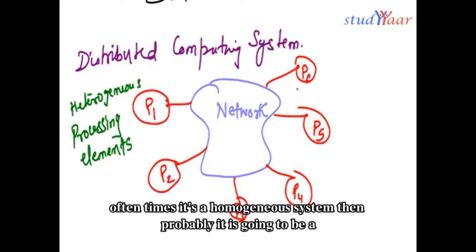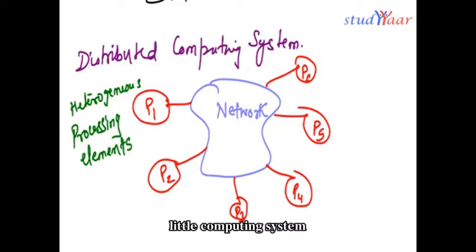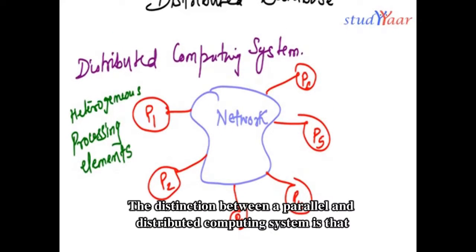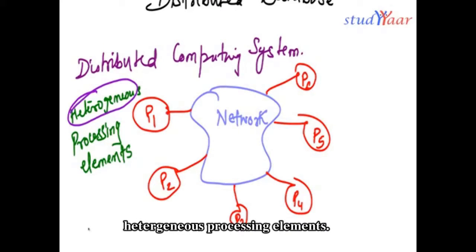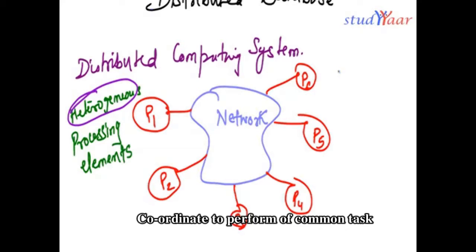Oftentimes if it is a homogeneous system, then it is probably going to be a parallel computing system. The distinction between a parallel and a distributed computing system is that, more often than not, in a distributed processing system we have heterogeneous processing elements, and these processing elements coordinate to perform a common task.